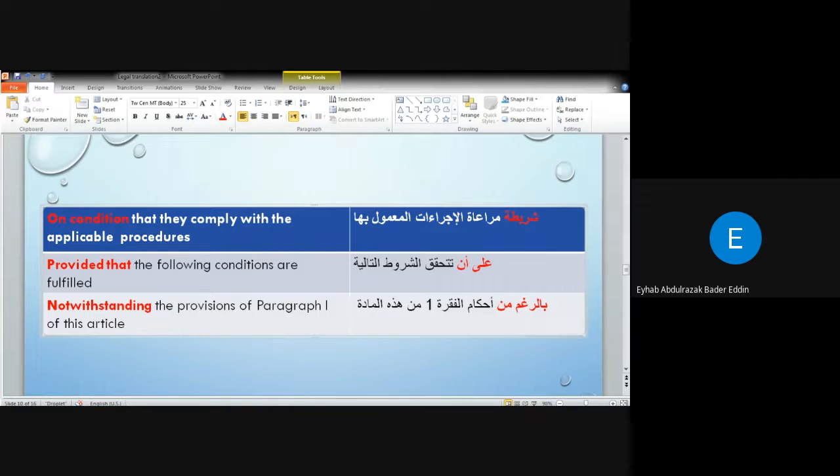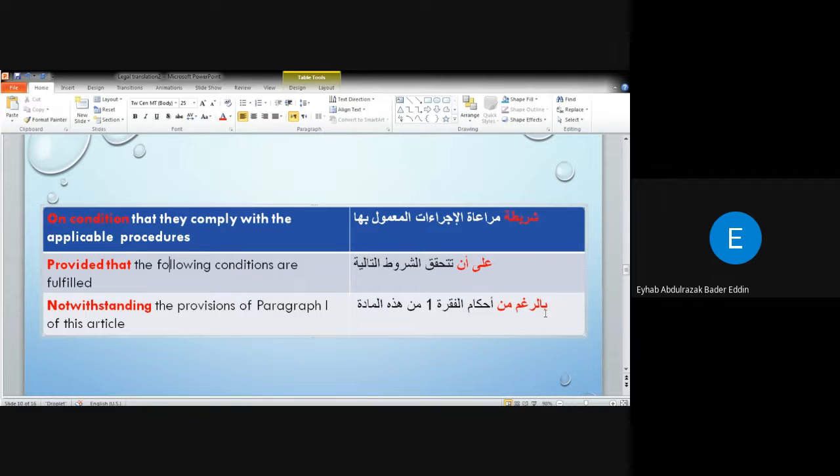Okay? Great. So next we have "بالرغم من أحكام الفقرة واحد من هذه المادة". As you see here again, notwithstanding the provisions of paragraph 1 of this article. Notice "بالرغم من", you always translate it as although or in spite of or despite. Right?